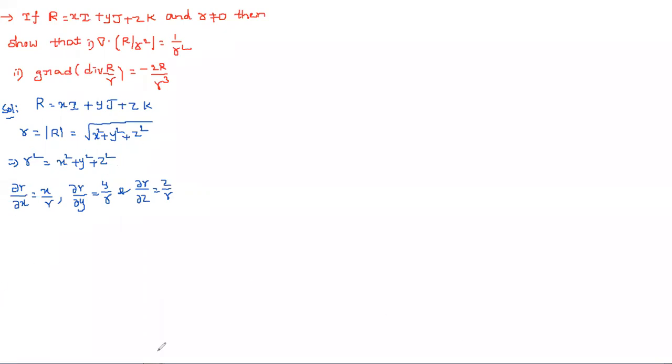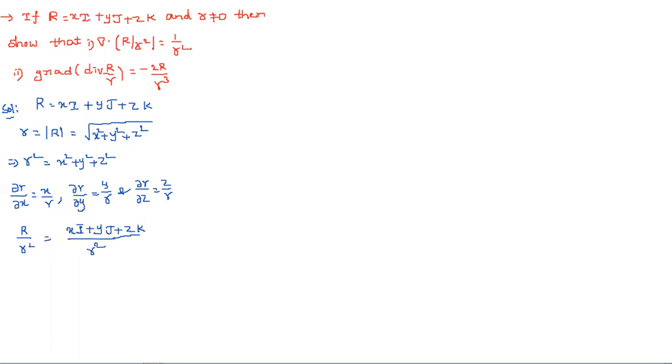Now coming to this first problem, R by R square. So that is nothing but simply we can write R by R square is equal to, capital R is nothing but xi plus yj plus zk by R square.